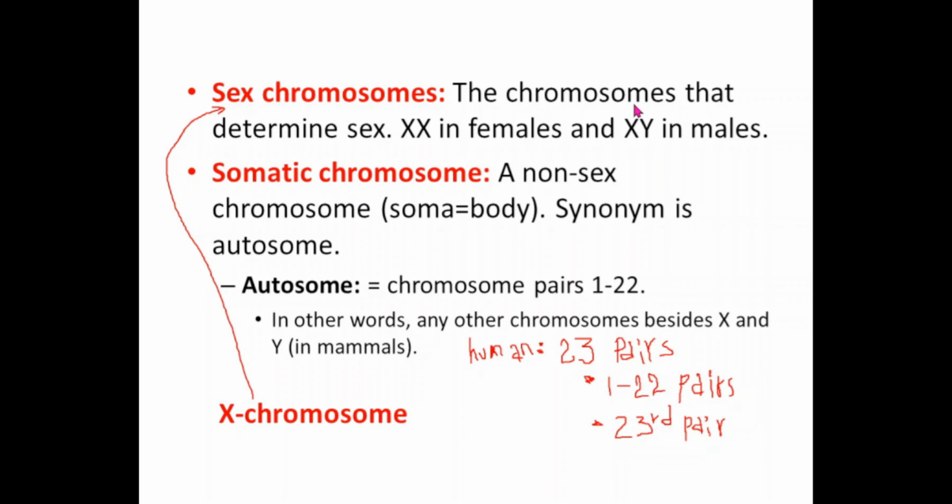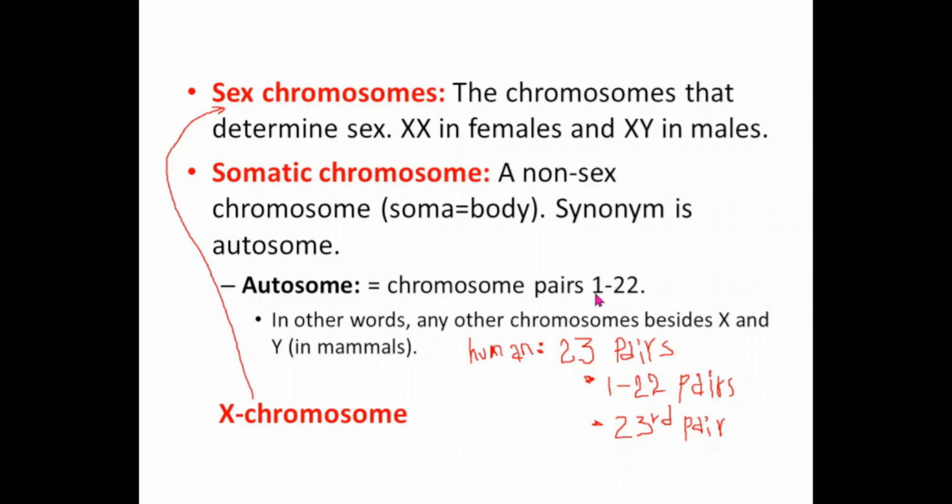Sex chromosomes are the chromosomes that determine the sex, maleness or femaleness, of the organism: XX in females and XY in males. Somatic chromosomes are the opposite of the sex chromosomes. These are non-sex chromosomes, also called somatic or body chromosomes. Soma means body. A synonym for somatic chromosomes is autosome.